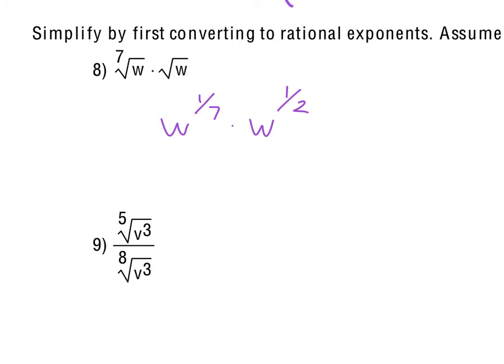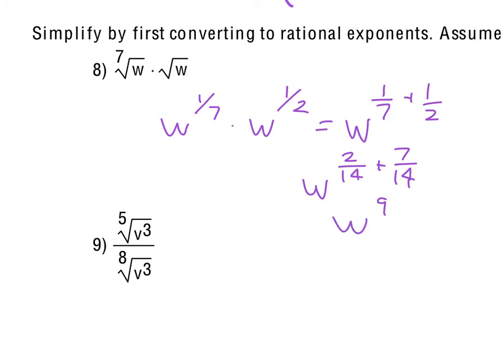When we're multiplying w's together, the way that we simplify that is we add the exponents. So we're adding 1/7 and 1/2 together. Now, your calculator can do that pretty well. If you're going to do this by hand, the least common denominator would be 14. So we'd have 2/14 for 1/7 plus 7/14 for 1/2. And so we end up with 9/14.